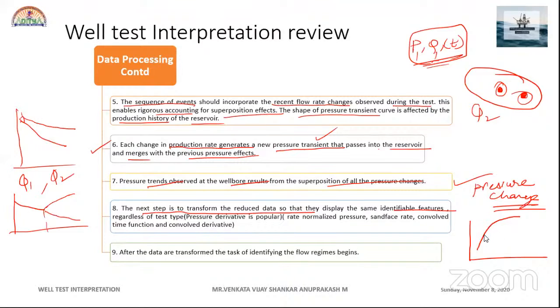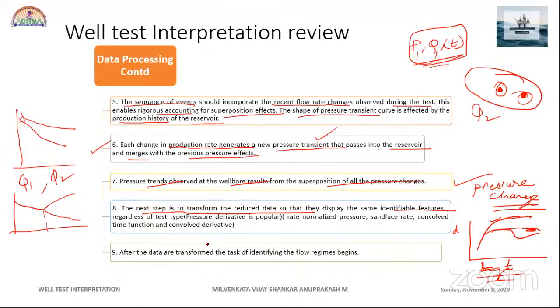In addition to that, if you add a derivative graph, here we have one graph which is reflecting the normal one. The other one is this one, and this is represented in a semi-log.